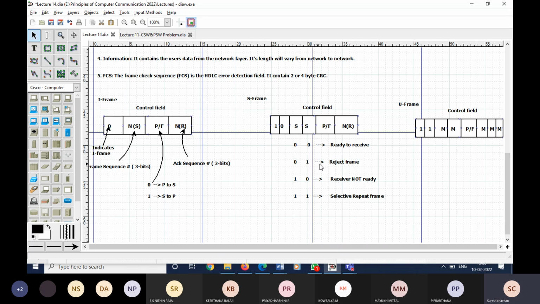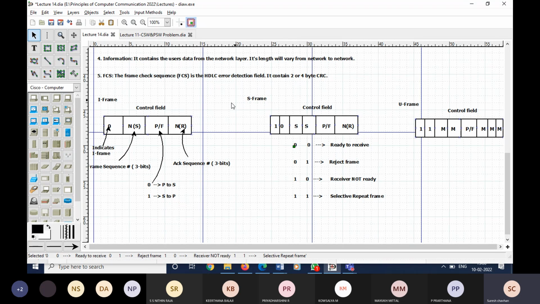And if it is 0, 1, it gives the information about the reject frame. And 1, 0 means the receiver is not ready to receive the frame. And 1, 1 means some frame has been received, but with an error, and I want that frame to be resent. So that we call the selective repeat frame.